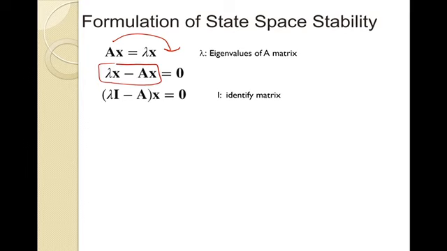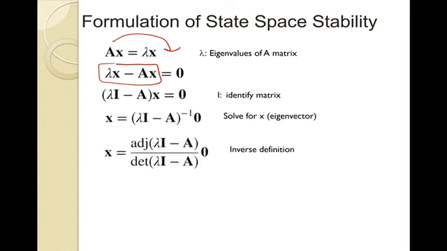They both have a common x, so we can factor it out. However, since x is our state vector here and A is a matrix, lambda we need to multiply by the identity matrix, and remember that the identity matrix has ones along the diagonal and zeros everywhere else. So just as a reminder, we're doing matrix mathematics here.